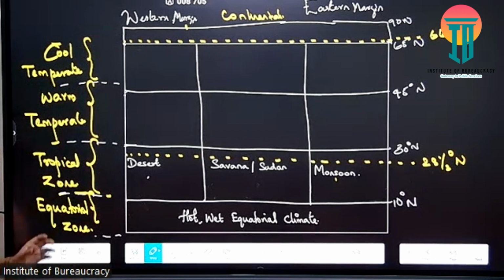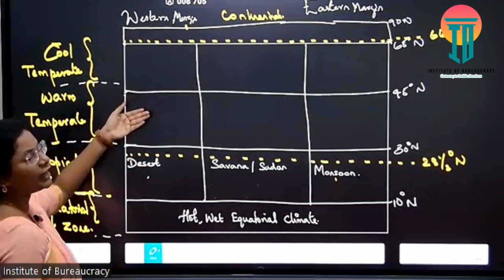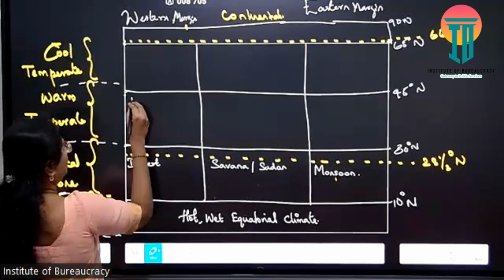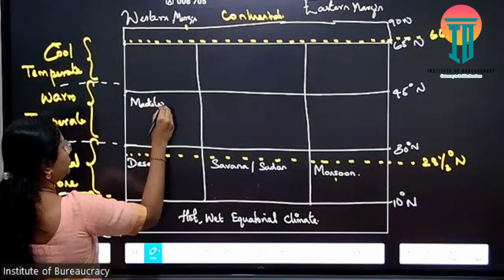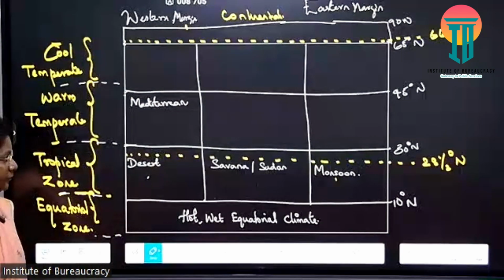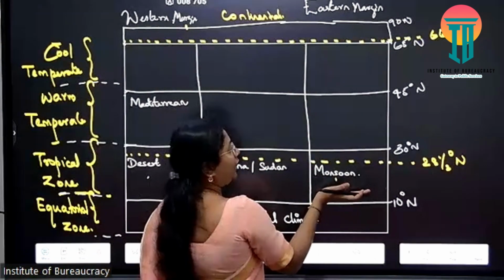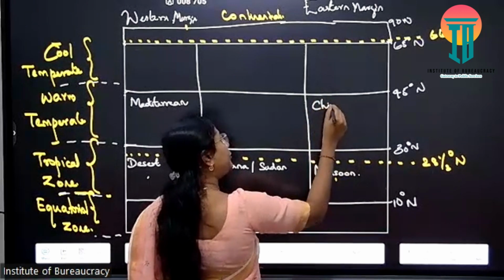equatorial. Okay? So in the warm temperate region, above your desert type of climate, at a higher altitude, this is where your Mediterranean type of climate is. And on the eastern side, monsoon India, at similar latitudes, we can find China type of climate.